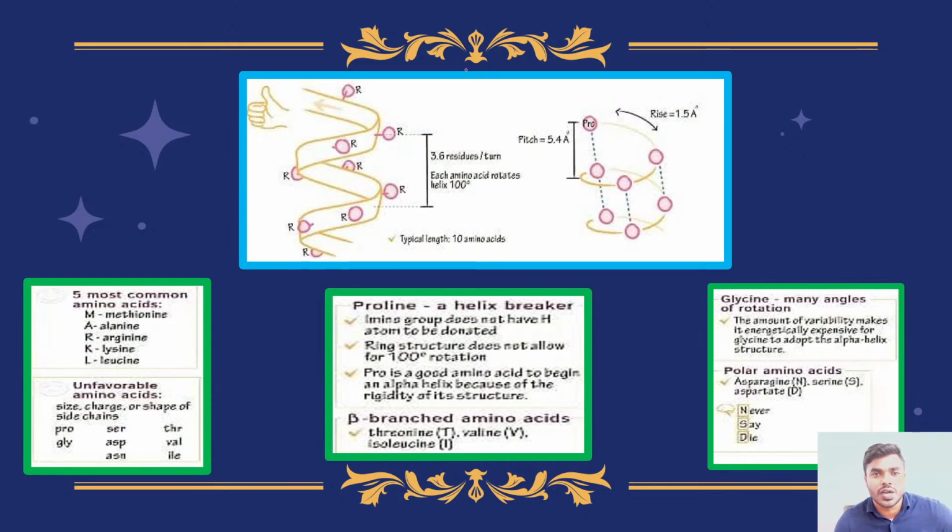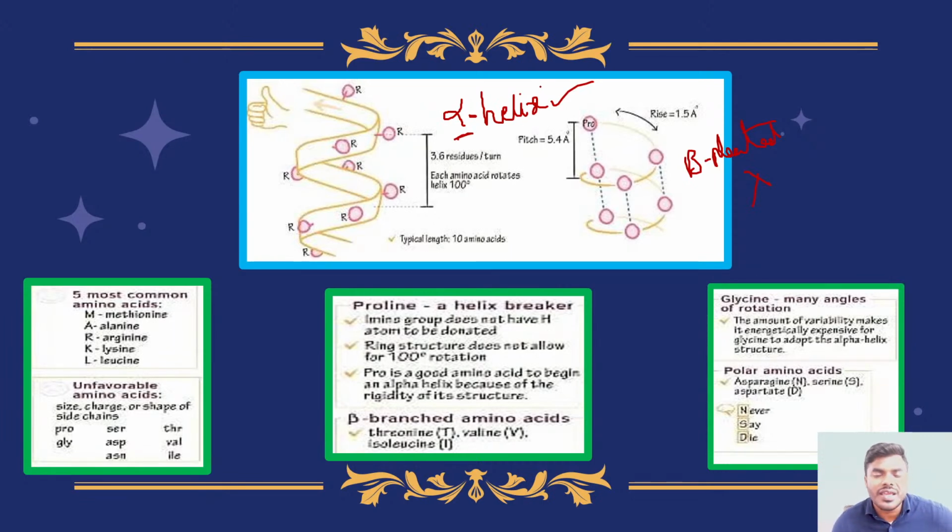Okay. Now whatever I am going to explain is the most important. I am requesting all of you to pay utmost attention. Friends, currently what we have studied is the alpha helix, right? And we will discuss the beta pleated sheets in the upcoming slides. Before studying the beta pleated sheets, every student has to remember one important point. You should not think that there is only the alpha helix.